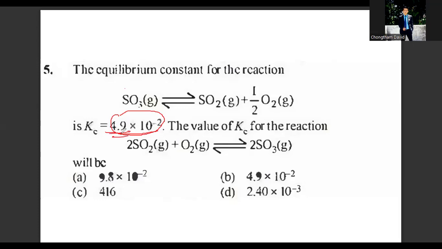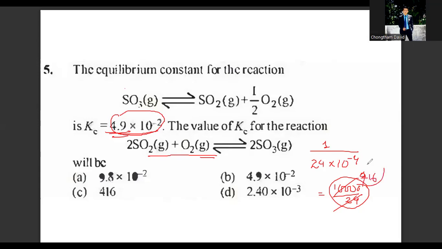And for the new reaction, sulfur dioxide and oxygen giving sulfur trioxide, it would be the reciprocal because you're reversing. So simply take the reverse of this: 10 to the power minus 4 becomes 10 to the power 4 by 24. You can easily cancel this by 216, 416. So the answer would be option C.